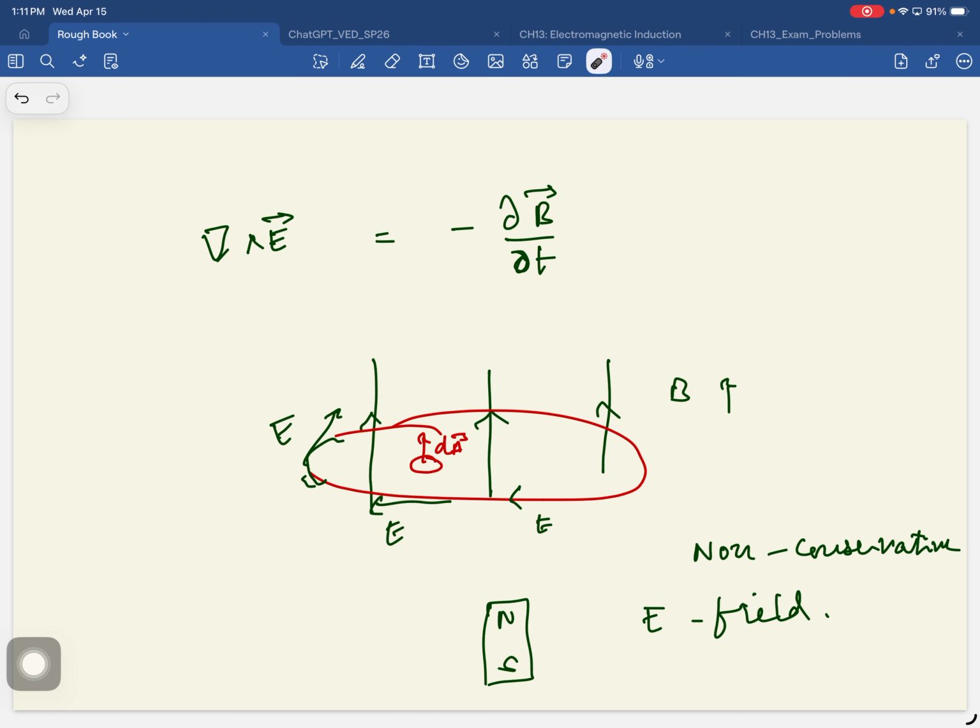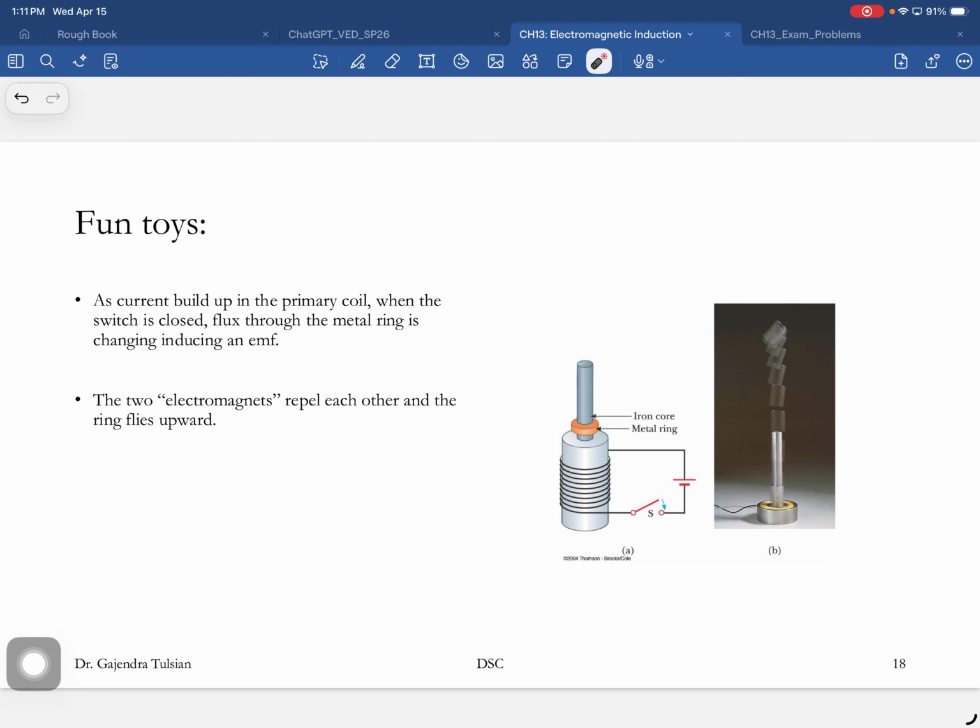All right, so here's a fun toy. Okay, so here's a loop of wire, and here's a metal ring. What you can do is when you close the switch, the current initially was 0, and now when you close the switch, suddenly there's a current flowing through this, which is producing a magnetic field, and you suddenly produced a magnetic field through this wire from 0 to a non-zero value.